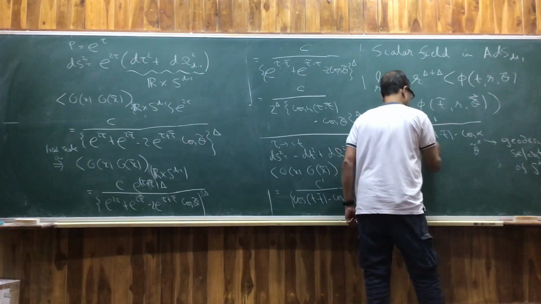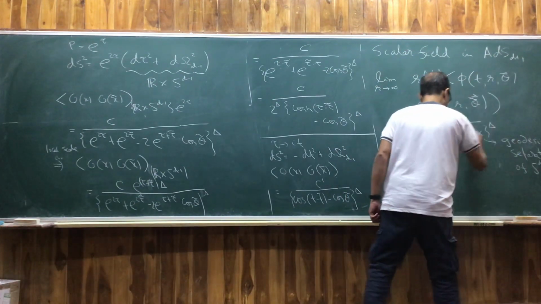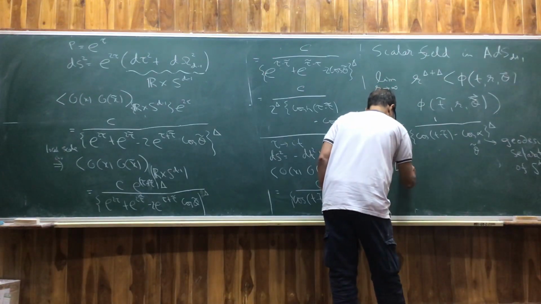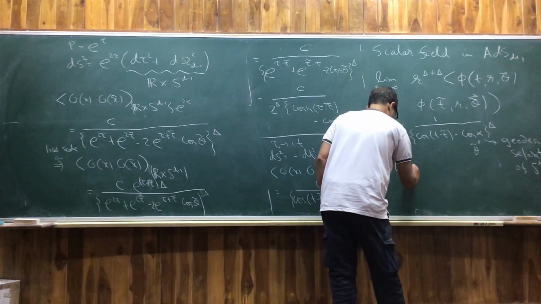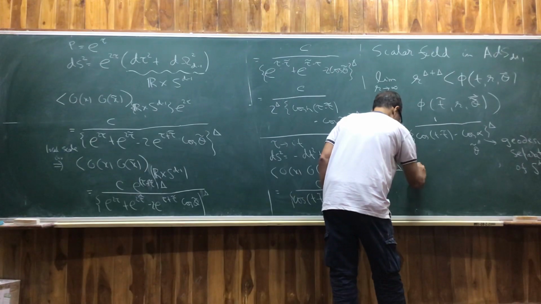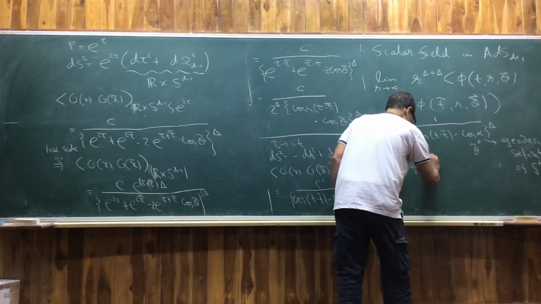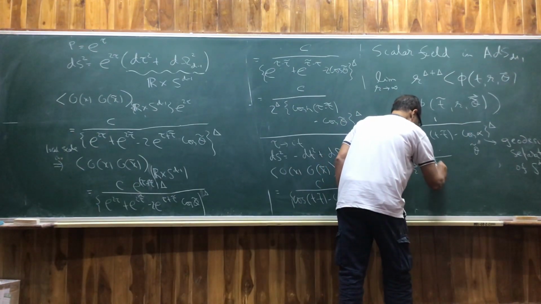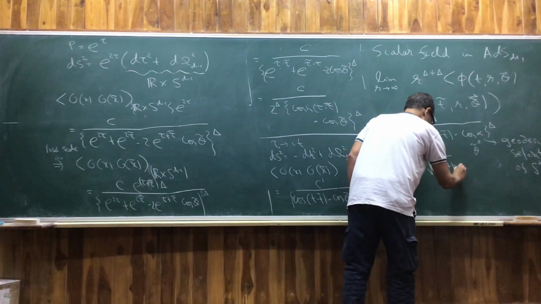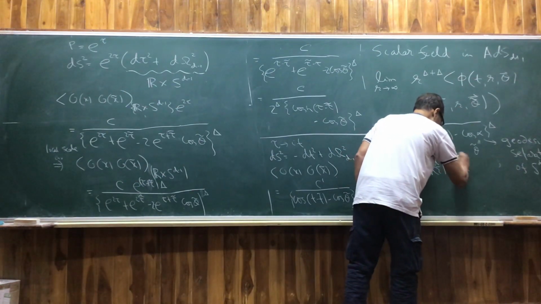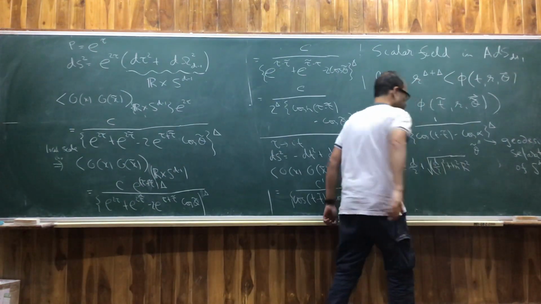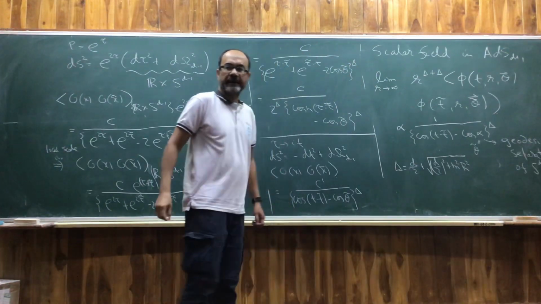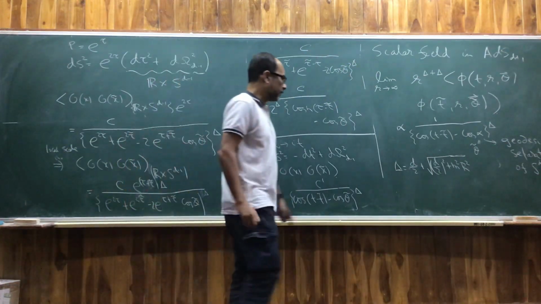And delta was given in terms of the mass of the scalar field: d by 2 plus the square root of d by 2 squared plus m squared r squared. Here r was the radius and m was the mass of the scalar field.